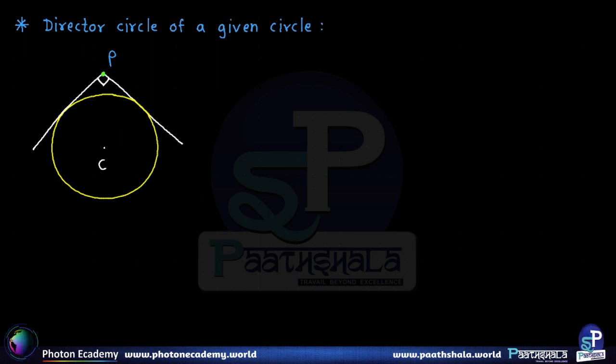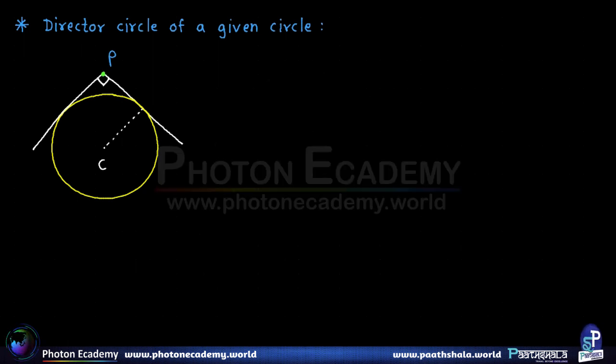So let's consider the center of the given circle as C, and from that if we drop perpendiculars to the two points of contact of the two tangents, since the tangents are at right angles, clearly the remaining angle in the figure so formed is also a right angle.